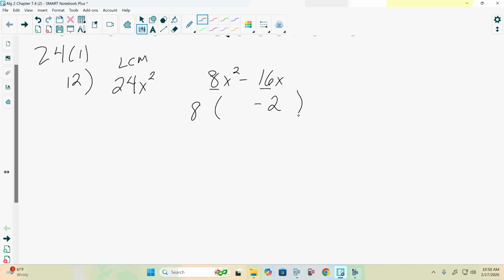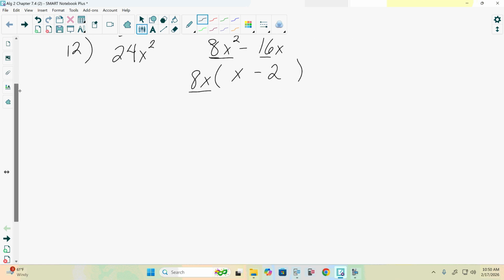Now, x squared and x, they also do have a greatest common factor of x. So when we fully factor, 8x out of 8x squared, we're left with x. When I factor 8x out of 16x, 16 divided by 8 is 2. The x factors out completely, giving us 8x times x minus 2.